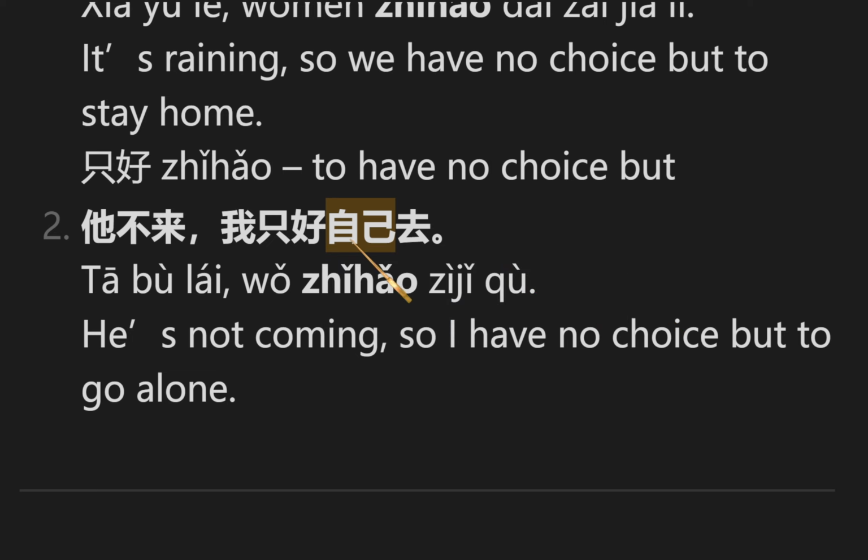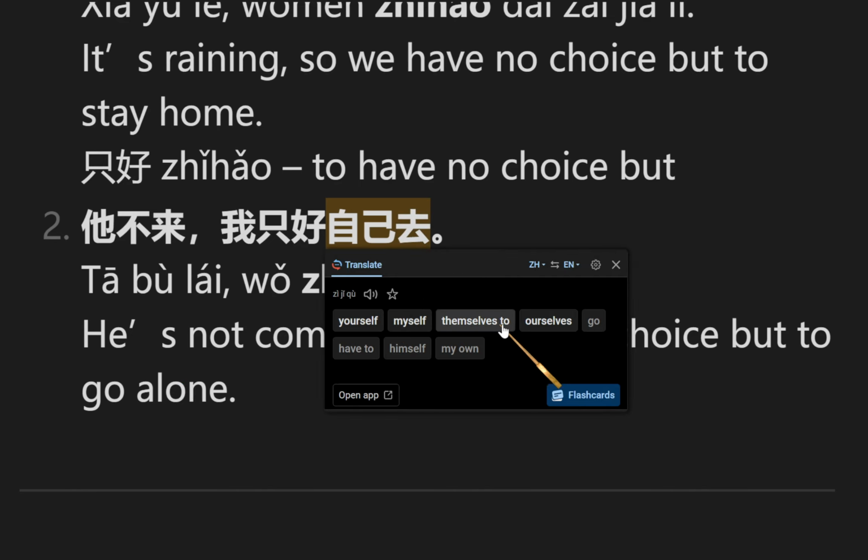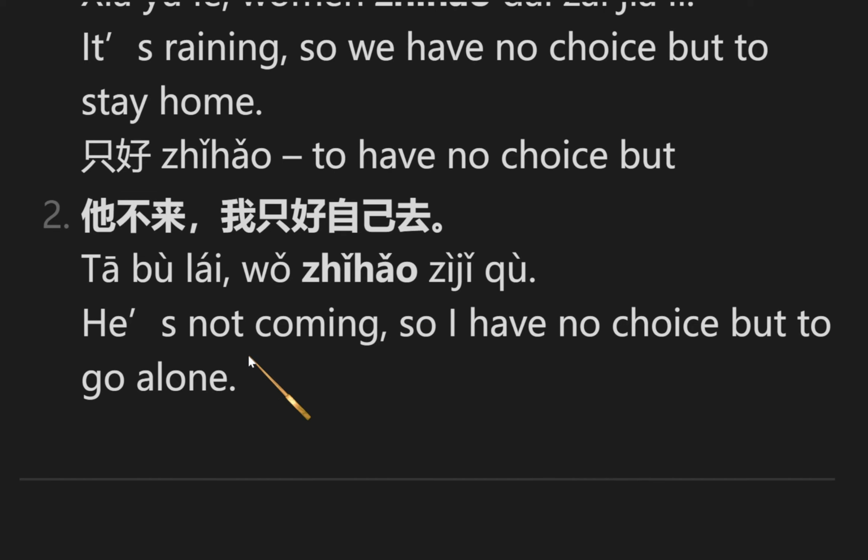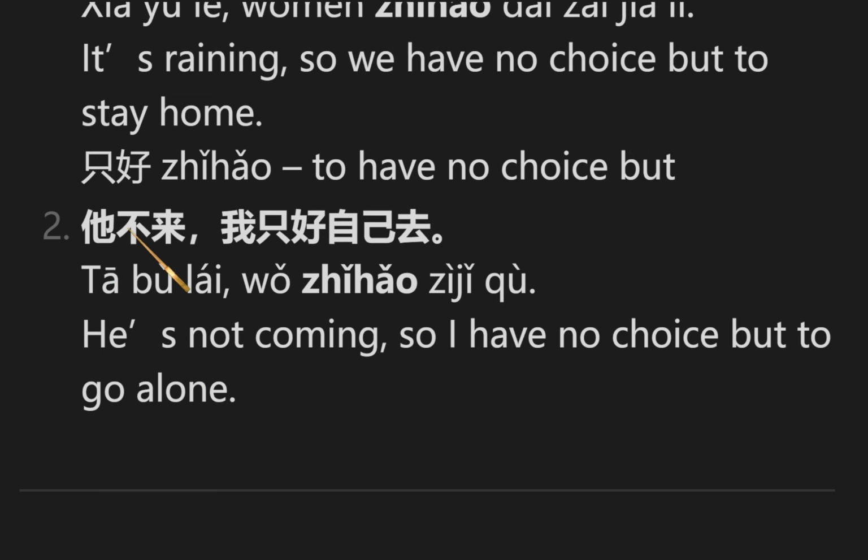So you can translate it I have no choice but to go alone. 自己 by myself, right? Alone, yourself, myself. Let's read again. He's not coming, so I have no choice but to go alone. 他不来，我只好自己去。to go alone.